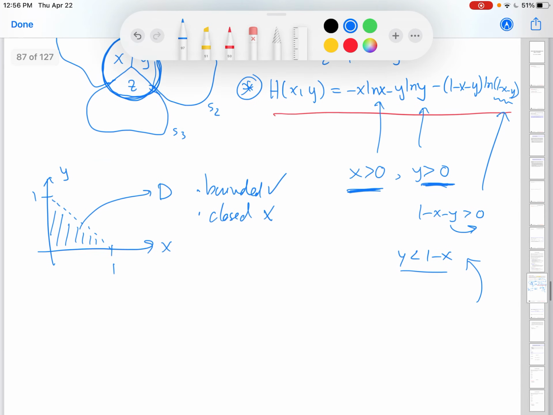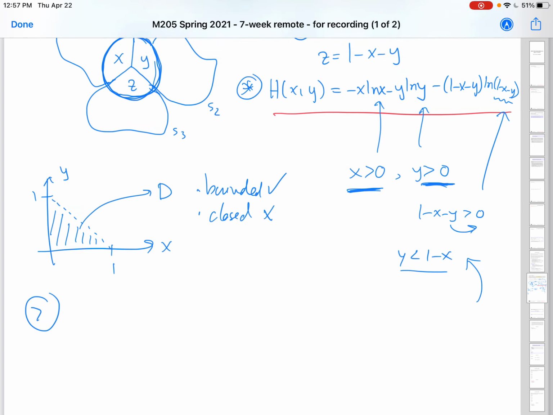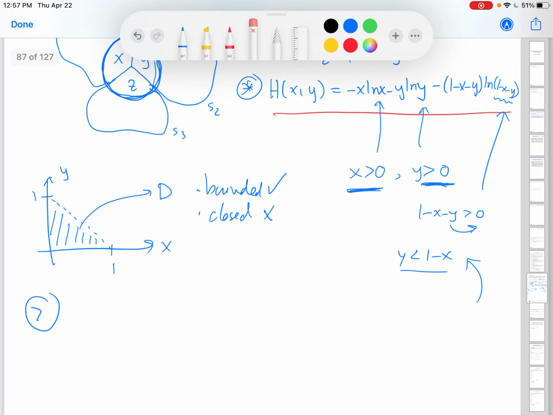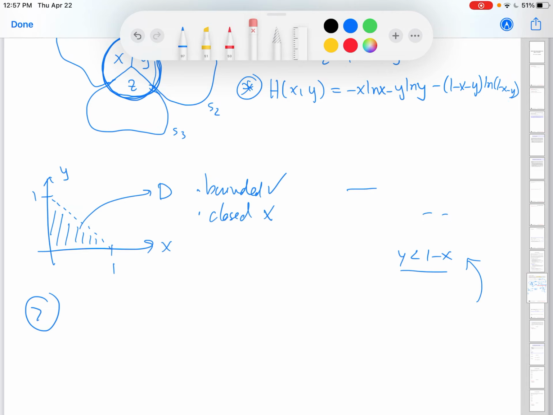So I'm now at step number 7, and I'm going to go off and start finding the critical points. To do that, the first thing I will do is I will need the partial derivatives of h. So I'm going to remove some of this clutter here so we can calculate some of these partial derivatives. I'm looking up here to the function itself and find h sub x, partial with respect to x.